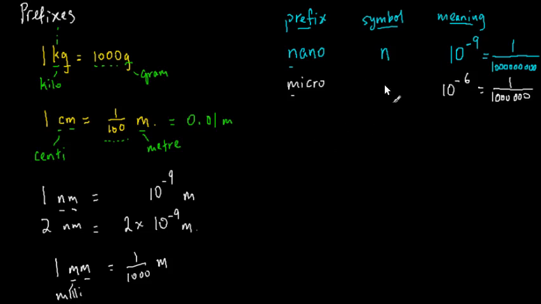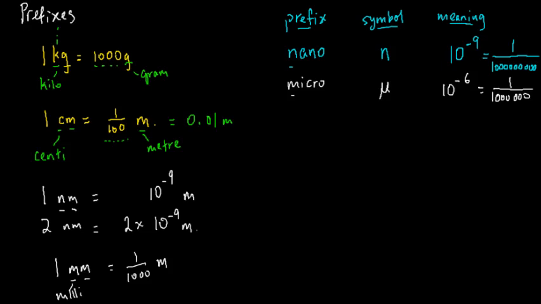since the letter M is taken, we need a different symbol, and the symbol that has been chosen for micro is this funny looking symbol. It doesn't look like any alphabet in English that you know, and that's because it is not an English alphabet.